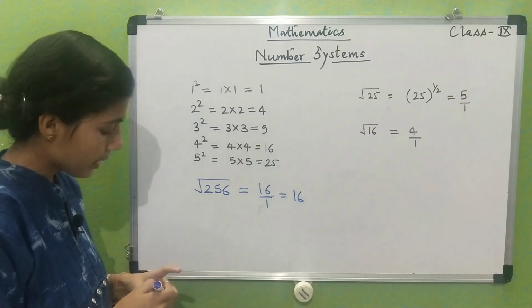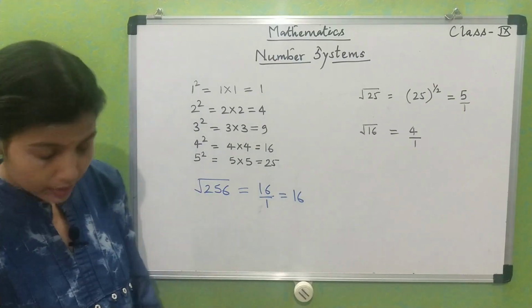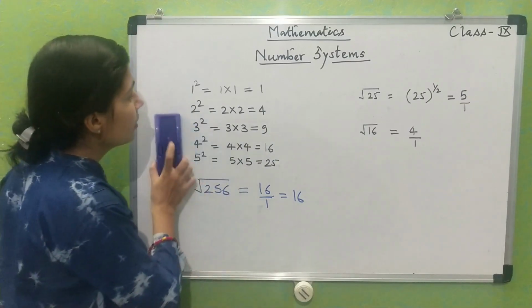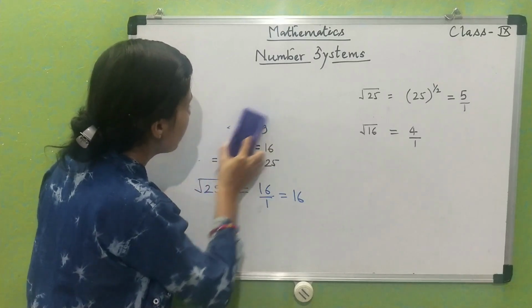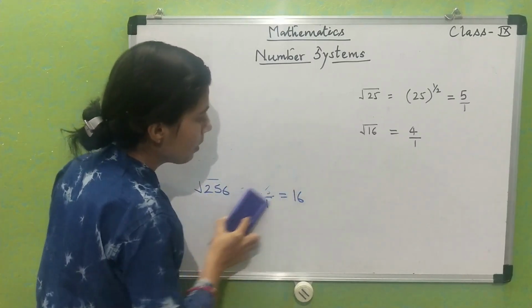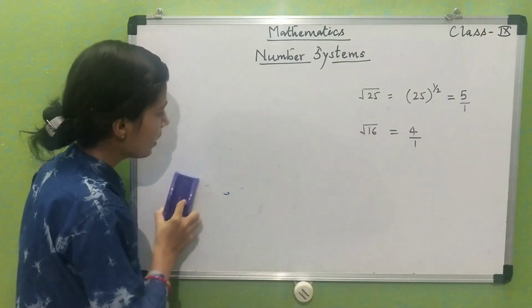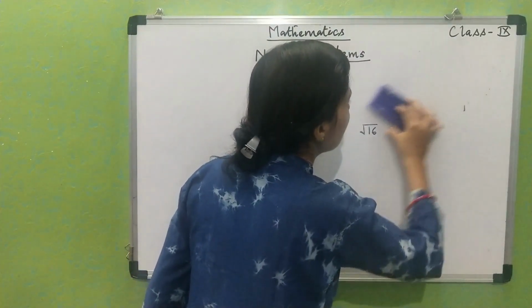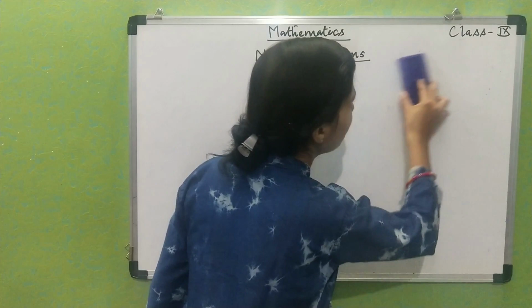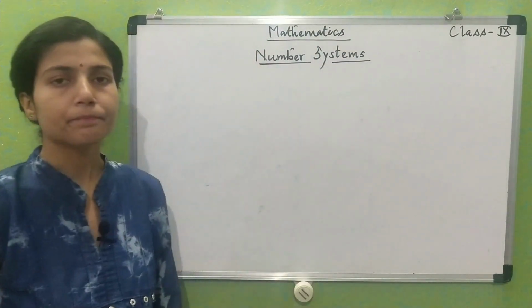So what we have discussed till now about rational numbers is that a rational number can be expressed in the form of p upon q, where p and q are integers and q never equals 0.